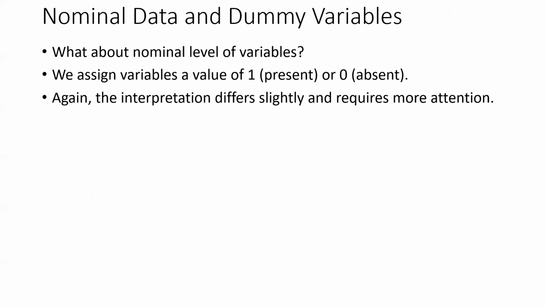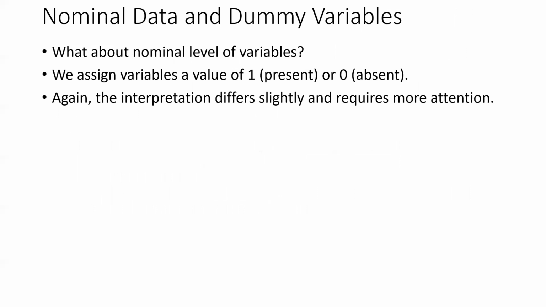In fact, what about nominal level variables? The short answer is yes, we can use nominal level variables when we're dealing with multiple regression, and we have independent variables that are measured at the nominal level. To do this, we create what we call dummy variables, where we simply assign a value of 1 or 0, and then make comparisons of two groups at a time from that nominal variable.